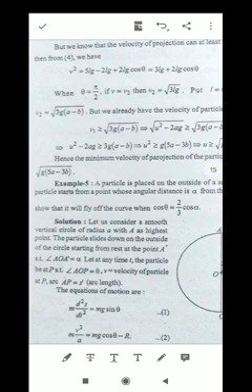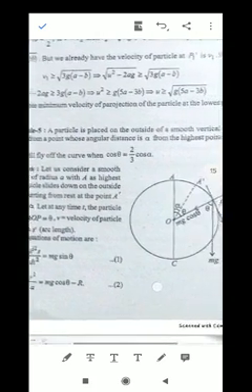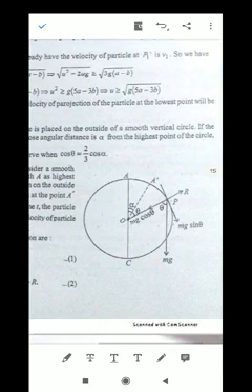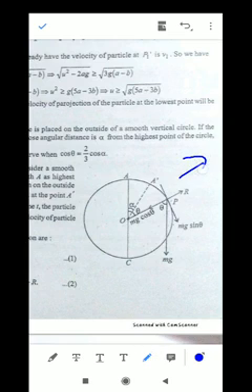Now the equation of motion here: direction x along the outward direction, weight in the downward direction. Now taking components of the weight, we have along the tangential direction mg sin theta, and along the inward direction mg cos theta.